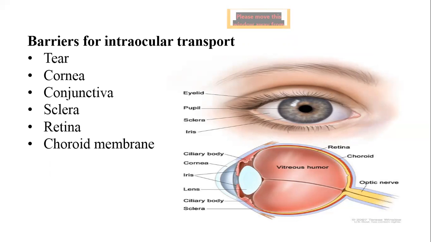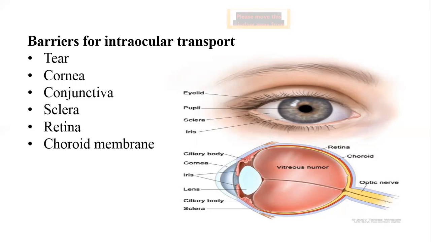Tear is a barrier to drug passage to the eye, because the tear can bind with protein that is present in the drug, or the tear can dilute the drug and facilitate its drainage.